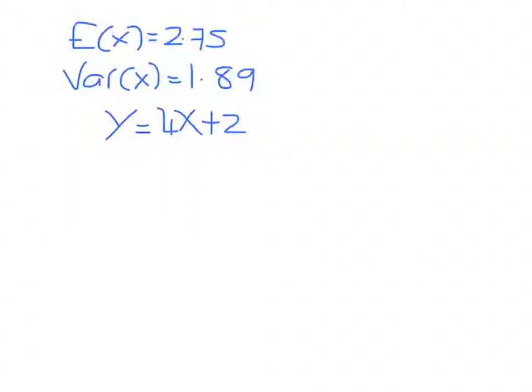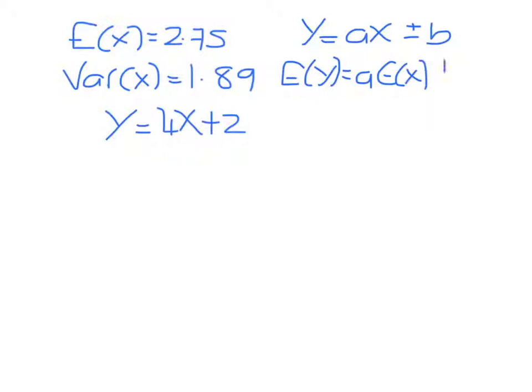The final part of the question uses expectation algebra. If y equals ax plus or minus b, the expectation of y is a times the expectation of x plus or minus b. The variance of y will be a squared times the variance of x. For this question, y is 4x plus 2.